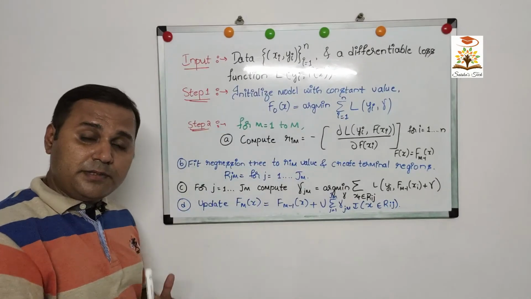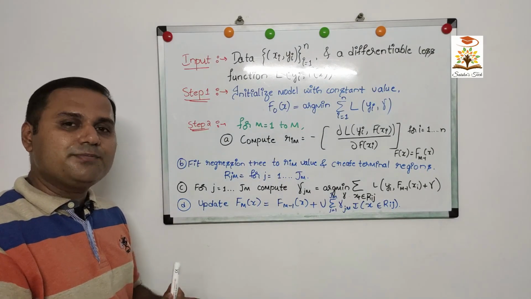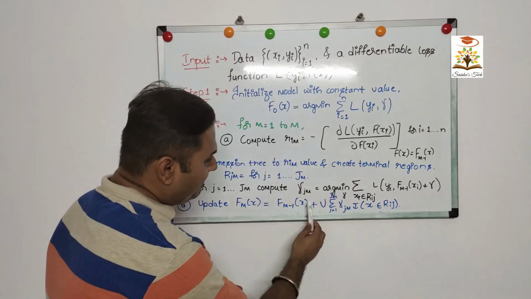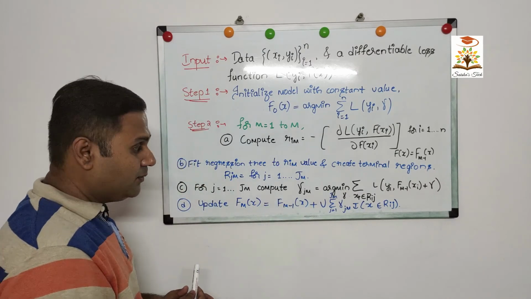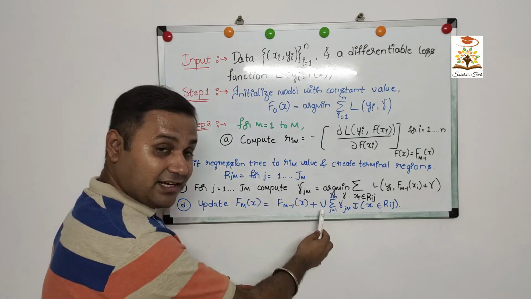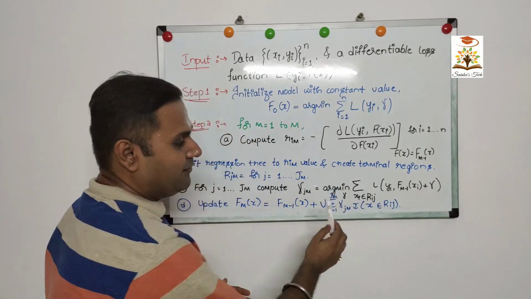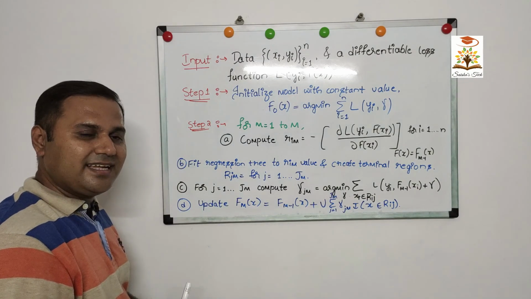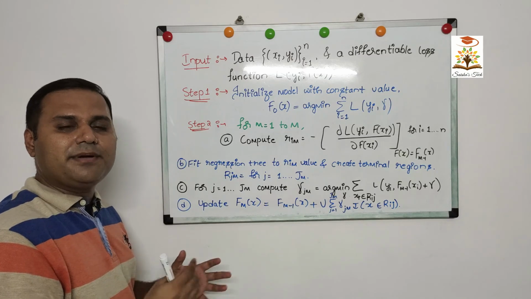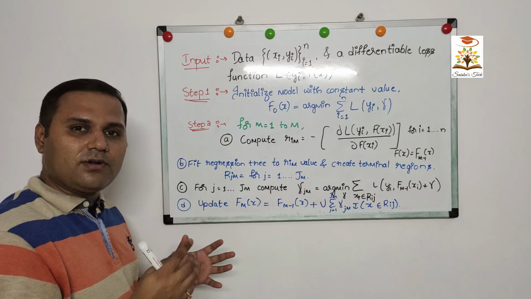Thereafter, we update our predicted values. This predicted value is a combination of our previous tree predicted value plus our step, that is the learning rate, times our new predicted values. This is how we can visualize our mathematical model of gradient boosting algorithm.